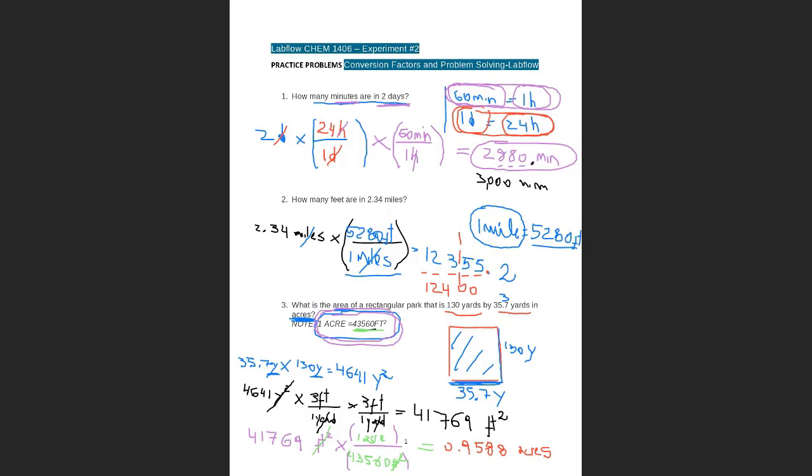We remember that the zeros to the right only count if there is a decimal point. So 130 yards has only 2 sig figs because the 0 doesn't count. So my answer has to have only 2 sig figs. And then I look at what is after the 5, and I have to round up. So my number will be 0.96 acres. Any questions?